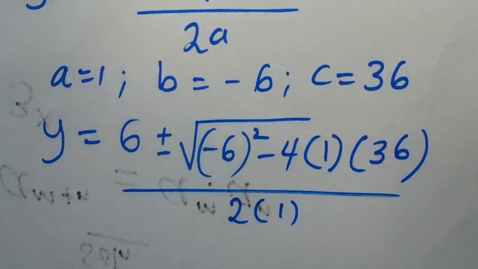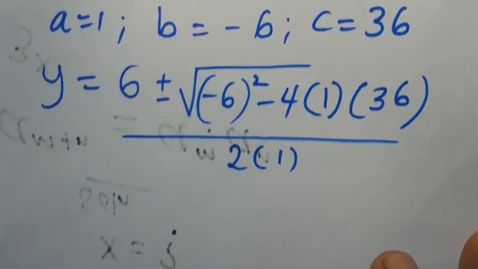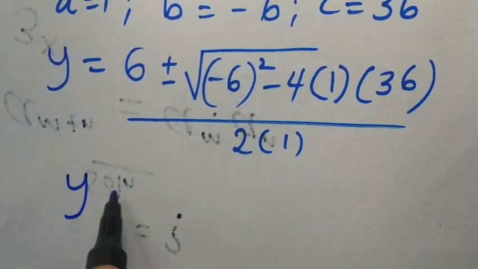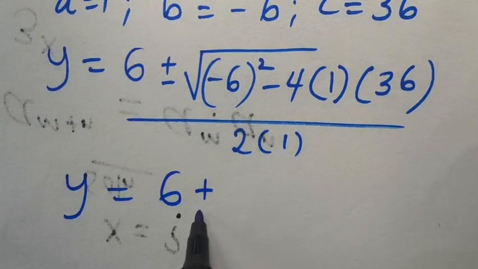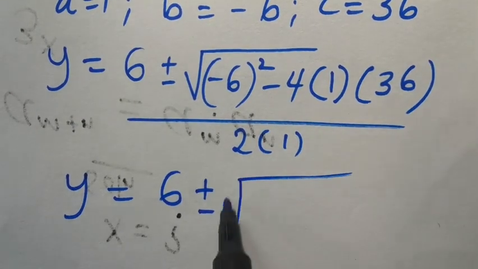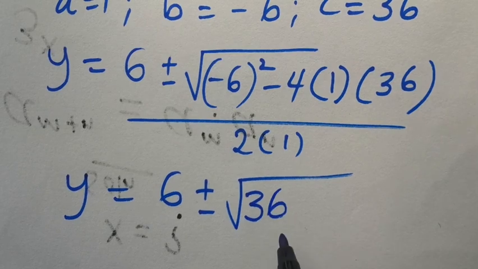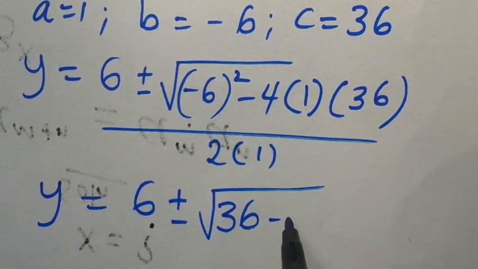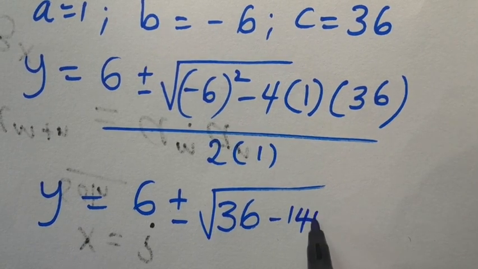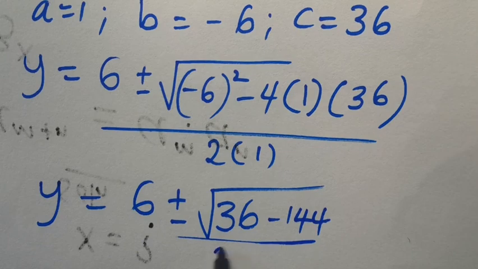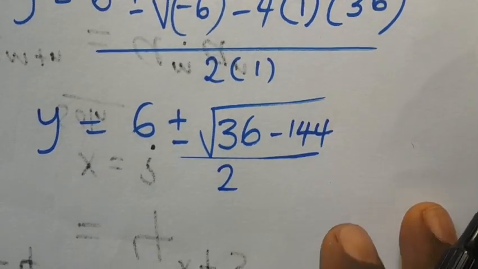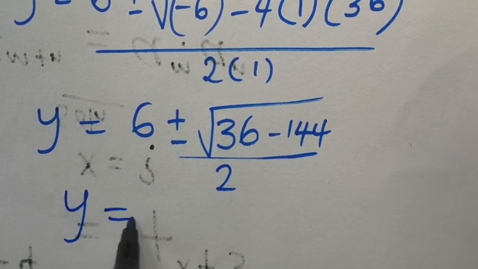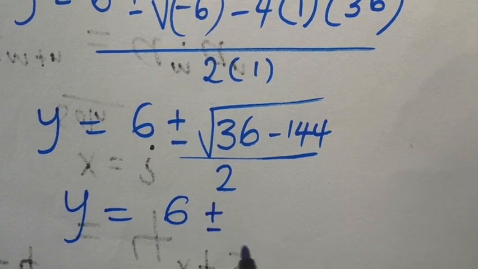So y equals 6, positive or negative, root of 36 minus 4 multiplied by 36, which is minus 144, divided by 2.